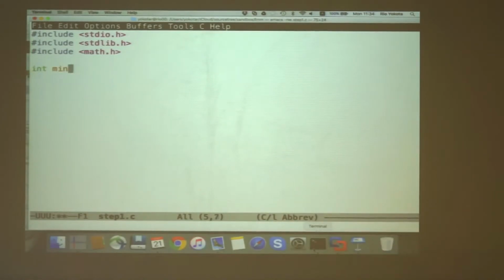Okay, now I'm going to write the main function, just to check if your environment is working.